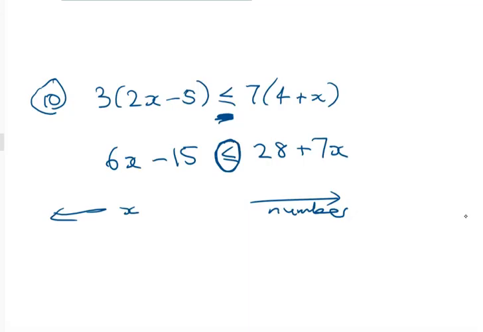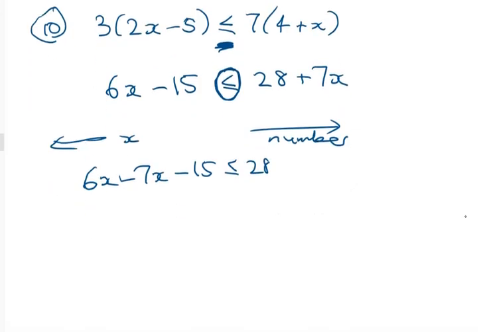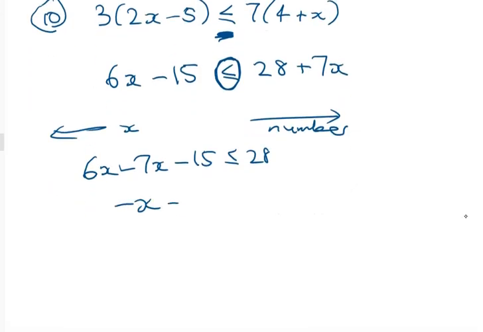Okay, so first I'm going to take 7x from both sides. So I get 6x minus 7x minus 15 is less than or equal to 28. Cleaning that up gives me negative x minus 15 is less than or equal to 28. Next, I'm going to add 15 onto both sides. Negative x is less than or equal to 43.